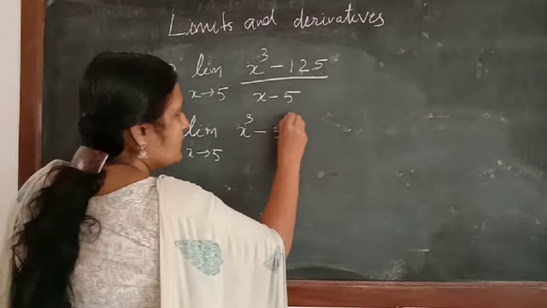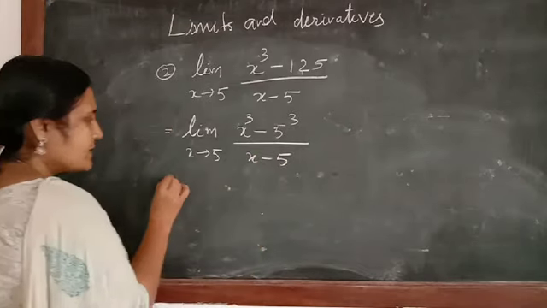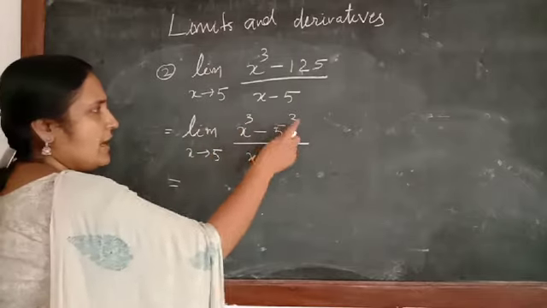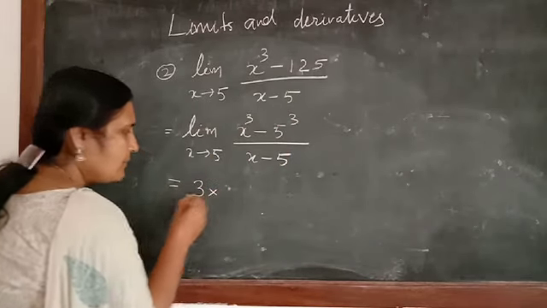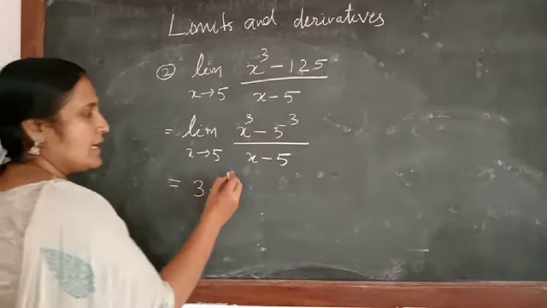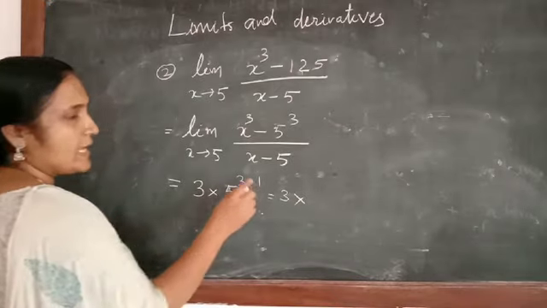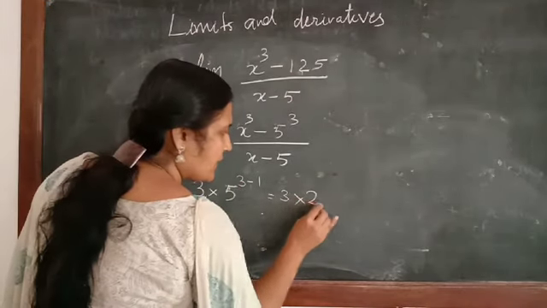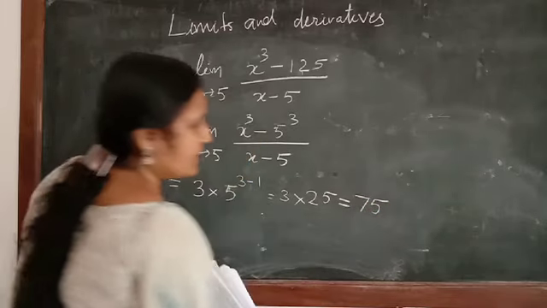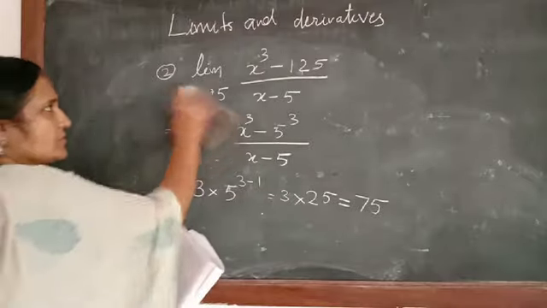So here it will be equal to x cube minus 5 cube by x minus 5. Now directly we can use the formula. In place of n, what do we have? 3 into, in place of a what do we have? 5. 5 raised to 3 minus 1. So it will be equal to 3 into 5 square. And how much is 5 square? 25. So 25 3s is 75. Clear? Okay.